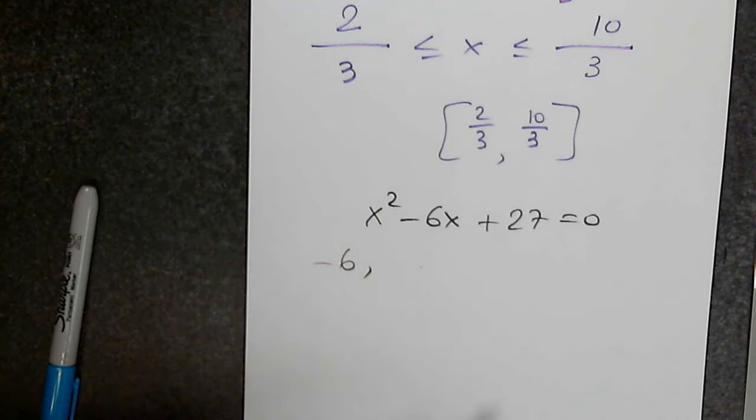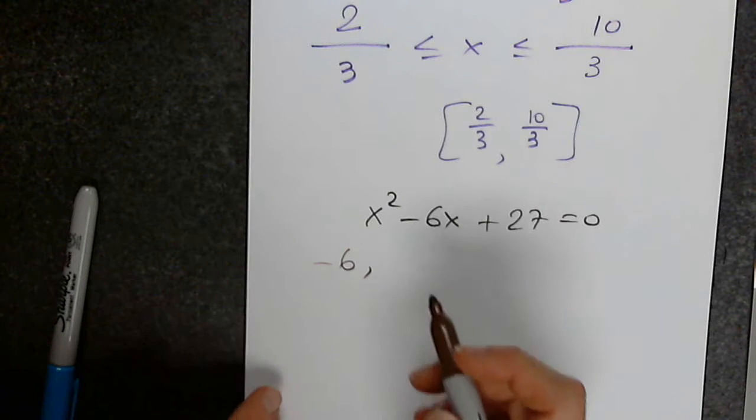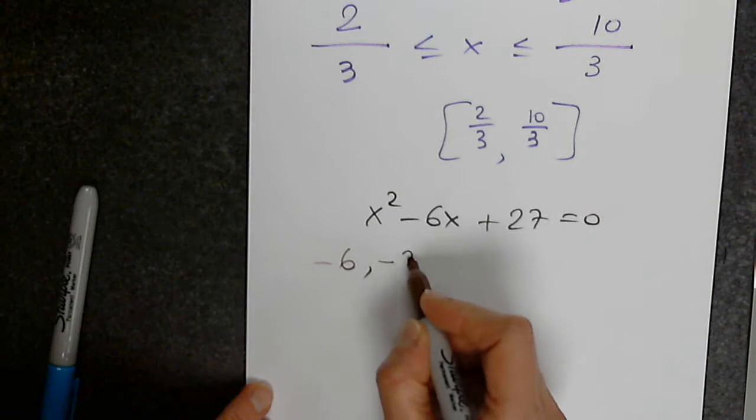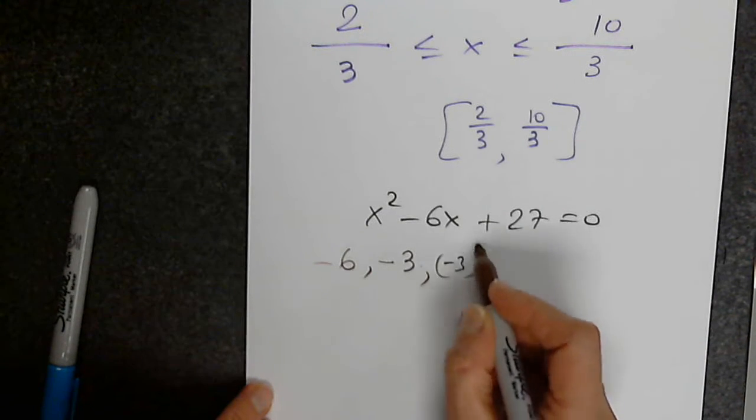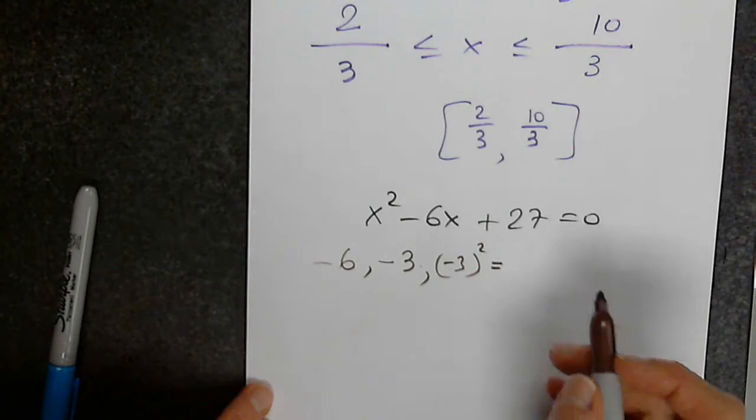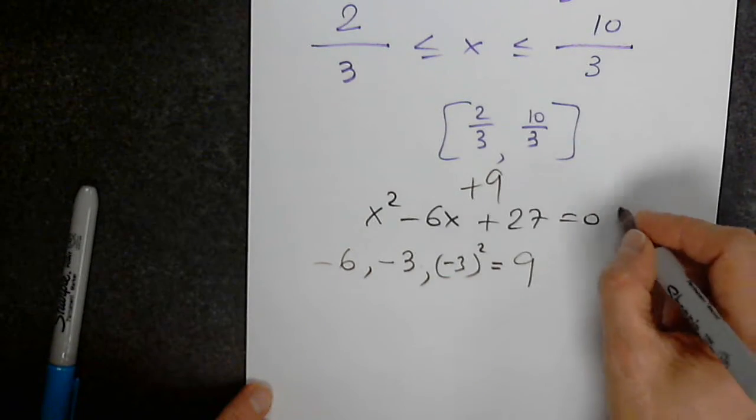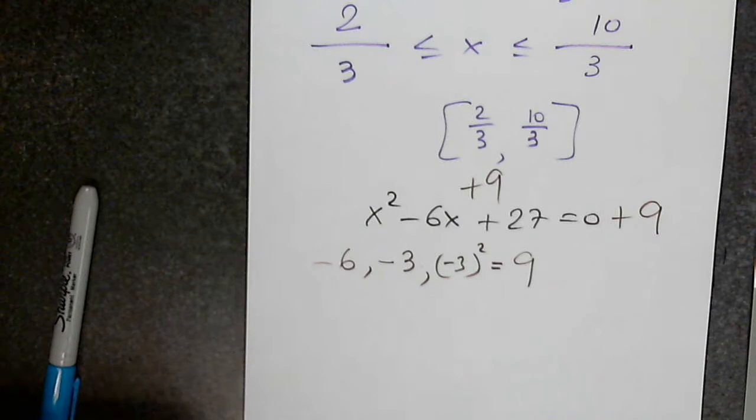A plus b squared is a squared plus 2ab plus b squared. So we divide the middle coefficient by 2, which is negative 3. Now we square negative 3. What do we get? 9. This is the number that we have to add to both sides.